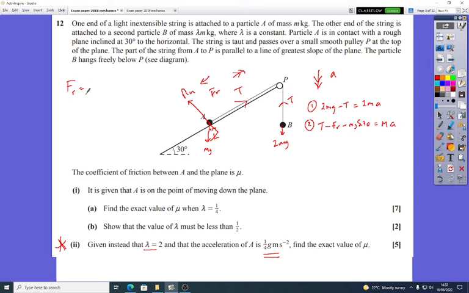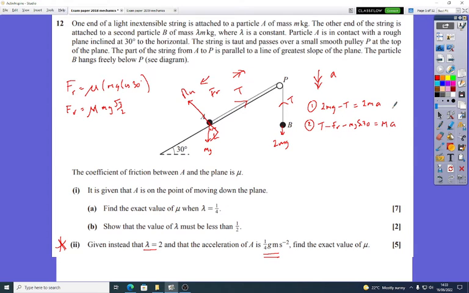So we call that mu times, now this is going to be, Rn is the same as mg cos 30. Okay, and we know from previously that that will be mu, and that will be mg root 3 over 2. Okay, we'll deal with that in a second. Let's deal with this first.